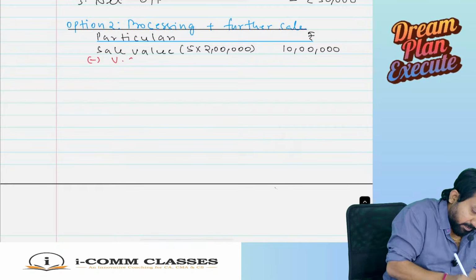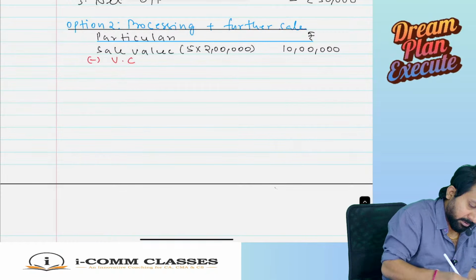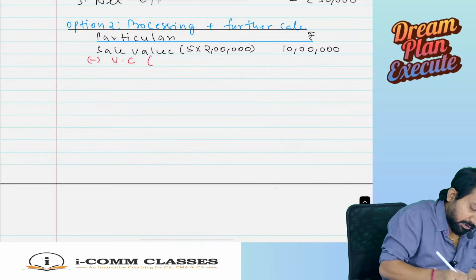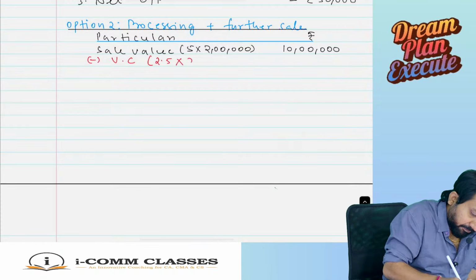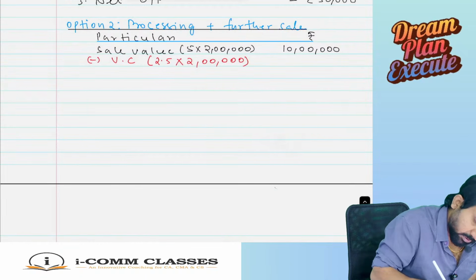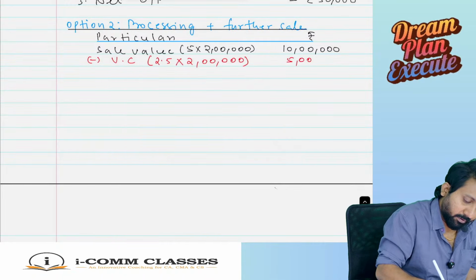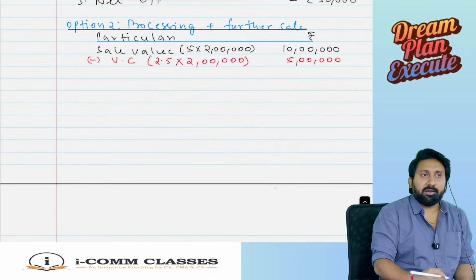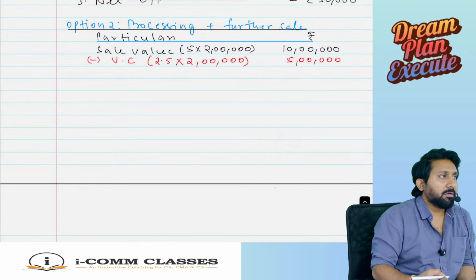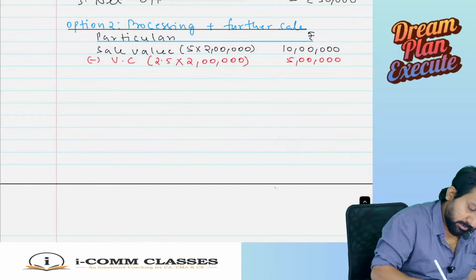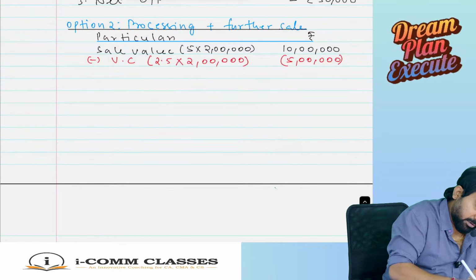Minus variable cost. Variable cost how much? 2.5 into 2 lakh. How much? 5 lakh. Reduce it.